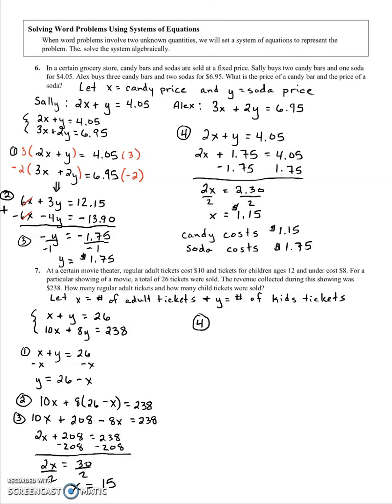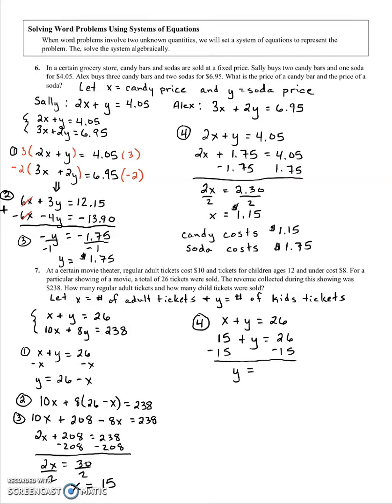And the last thing we needed to do was figure out how many kids tickets we have. So x plus y equals 26, but we know x is 15. So 15 plus y equals 26. And if we subtract 15 from both sides, we get the number of kids tickets is 11.